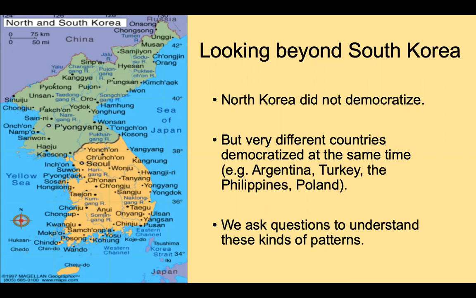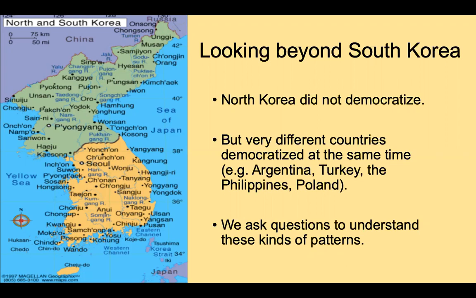What is it that happened in South Korea that did not happen in North Korea? How can we understand these two cases? And it's through this comparison and the difference that emerges across these similar cases that we become able to form hypotheses and then eventually test hypotheses and build general theories about democratic transitions.